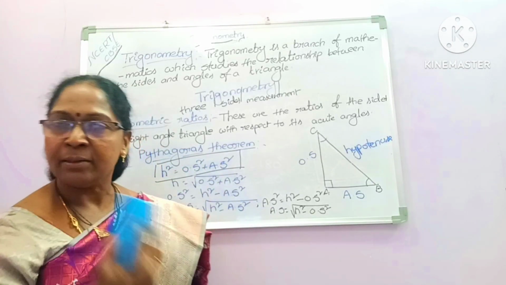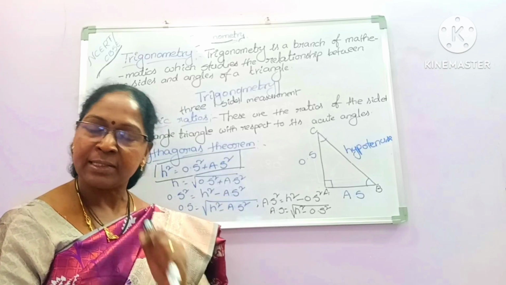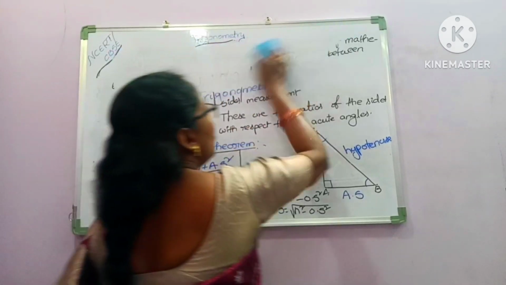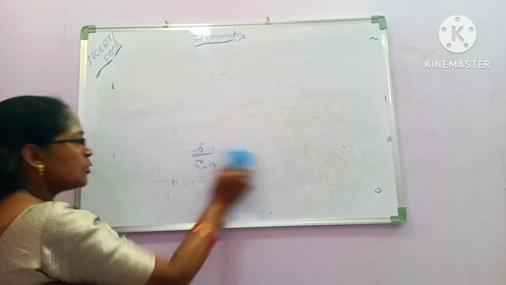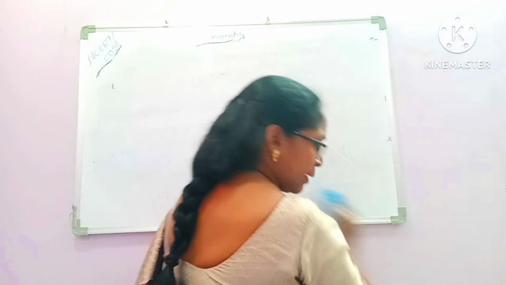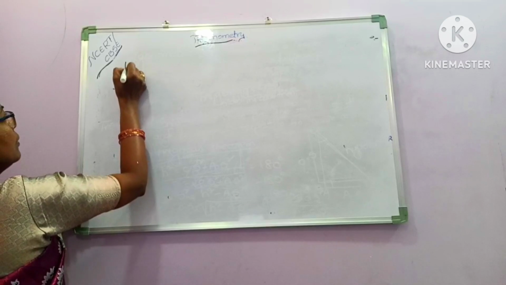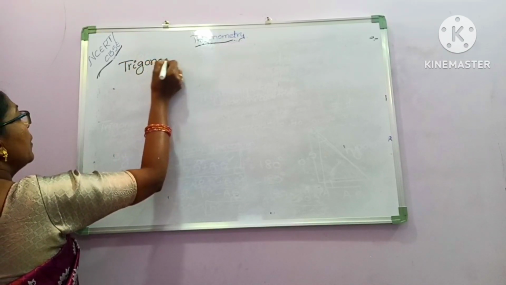The resultant of trigonometric ratios we call trigonometric functions. We have 6 trigonometric functions, and those 6 are very, very important.